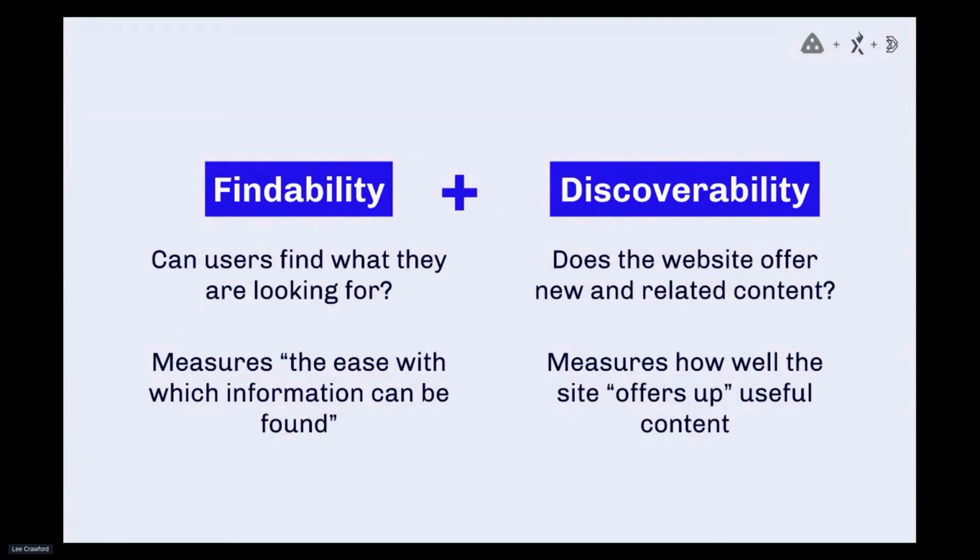Findability is also critical for internal content operations. An organization that produces content from many different publication streams needs a way to quickly find content across the site. This allows them to keep track of what they have written and avoid duplication of effort. Discoverability, on the other hand, is what helps users understand the breadth and depth of work of the organization and perhaps reveal resources they didn't even know they needed.